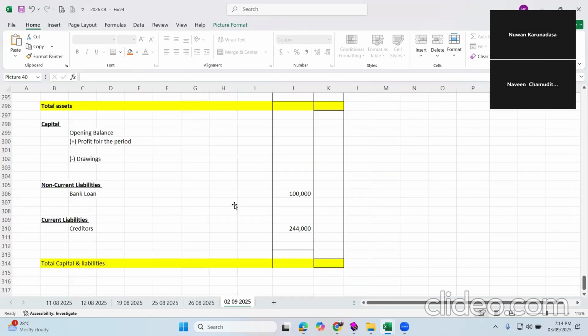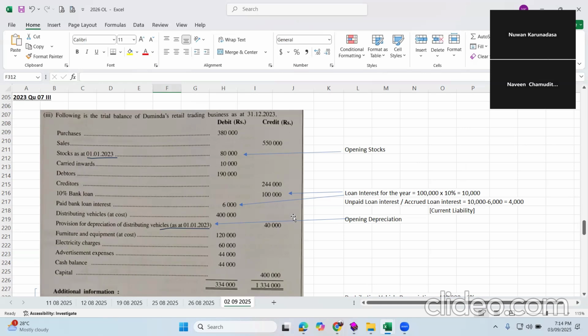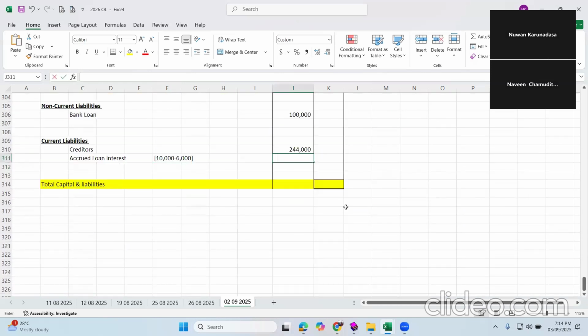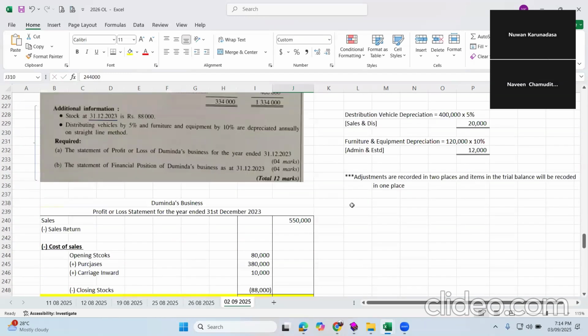That is a current liability, accrued loan interest. How does it come? 10,000 minus the 6,000 paid amount. 10,000 is the loan interest for the year. Paid only 6,000. There is an unpaid balance of 4,000, which will be a current liability.